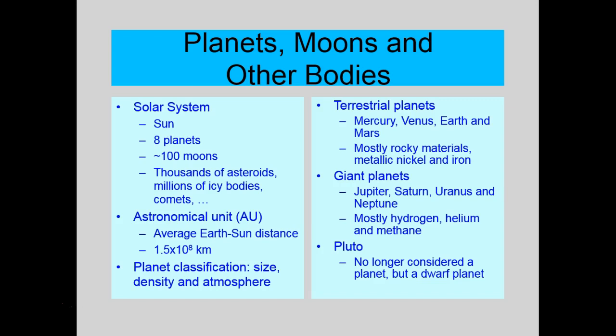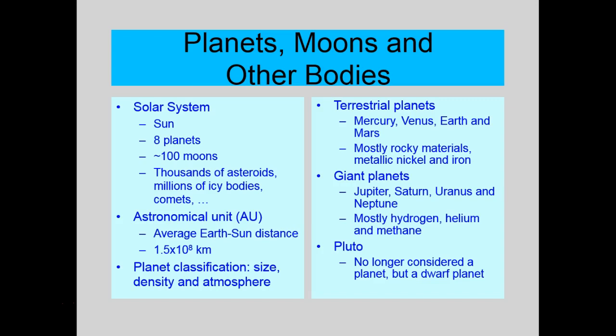The astronomical unit, now this isn't the astronomical union, the astronomical unit is the average Earth-to-Sun distance. It's about 1.5 times 10 to the 8th kilometers, which is about 93 million miles, okay? 93 million would be 9.3 times 10 to the 7th, and this is 1.5 times 10 to the 8th.